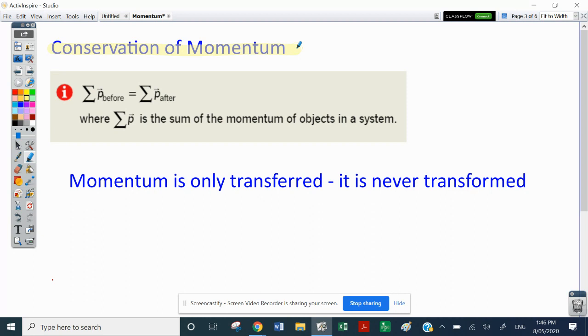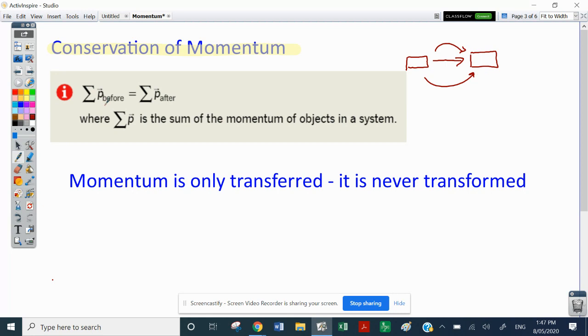The interaction we normally talk about is called a collision. So when an object meets another object, this is an interaction, and momentum is transferred from one object to another. That's how it is conserved.